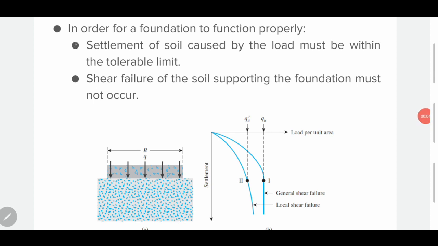There are two things that we need to consider for shallow foundations during design. So the first thing is the settlement of the soil that is caused by the foundation. As you can see, the structure transfers the load on the foundation, in which the foundation shall transfer the load on the soil.